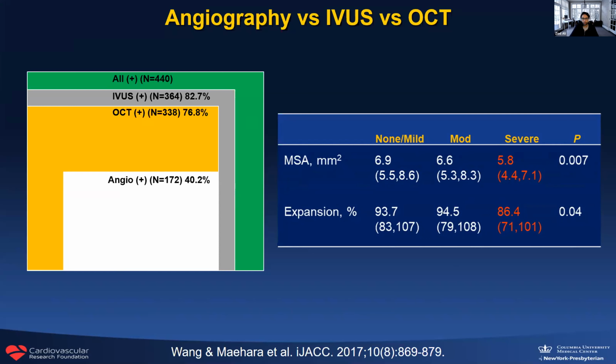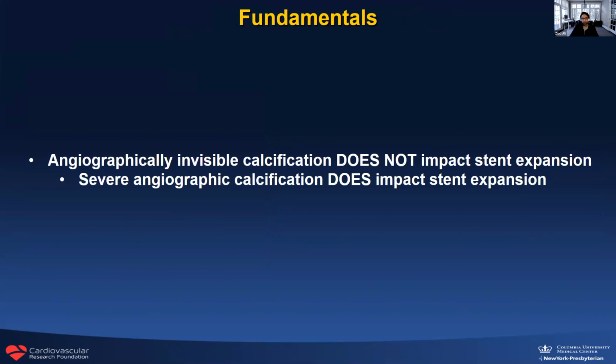The reason that's important is that from this paper, only those patients who had severe angiographic calcification had an impact on minimal stent area and expansion. So fundamentally, angiographically invisible calcification does not impact stent expansion.